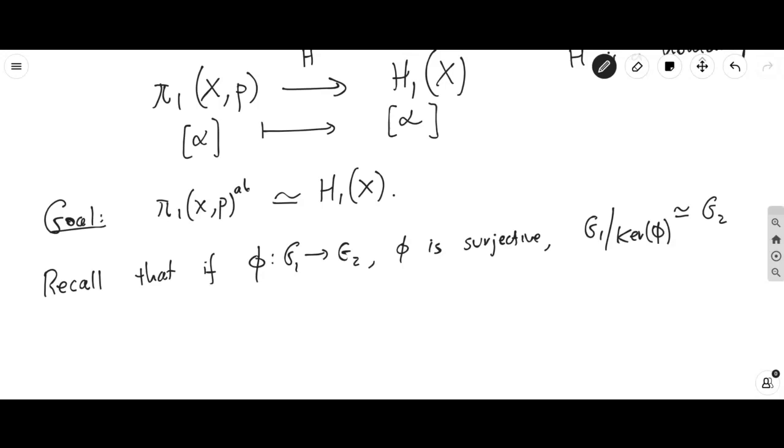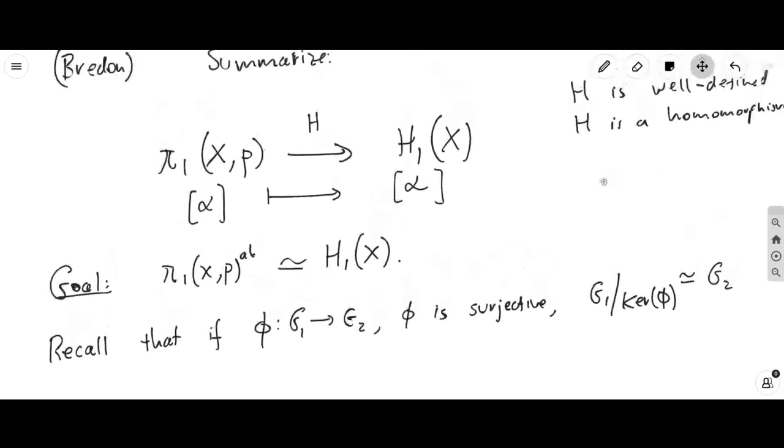I think you call this the first isomorphism theorem for groups: if you have a homomorphism between the groups, you find its kernel and mod out by the kernel, that will establish an isomorphism with the image, but in this case the image is G2 because this is a surjective mapping. And that's basically what's going on over here.